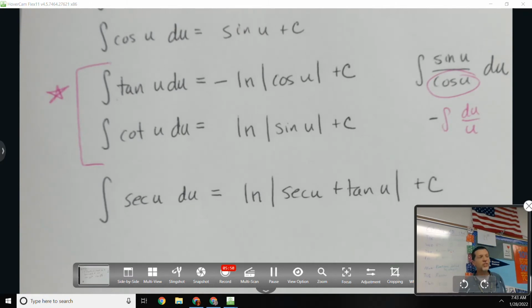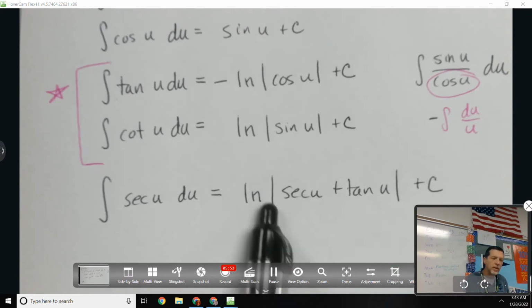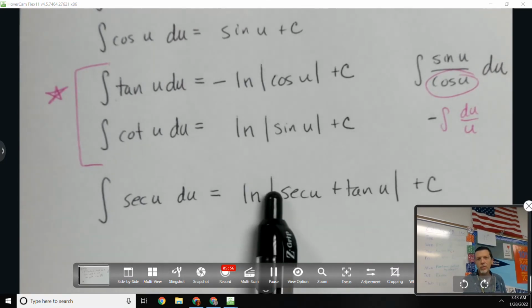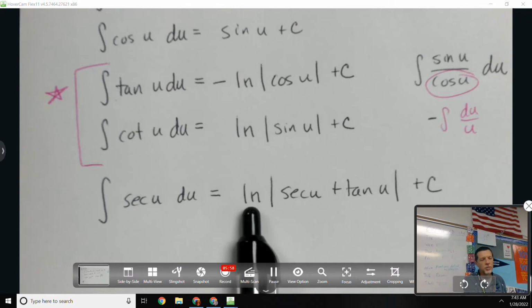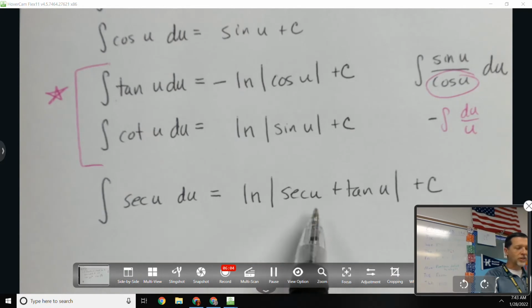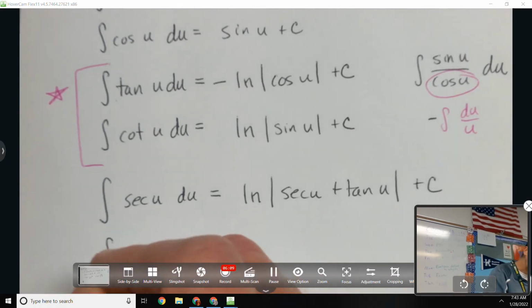It's real easy to show how it works. If you take the derivative of this, it eventually gets to secant, within 2 or 3 lines. But it's a little bit trickier to go backwards, so this is one of those. Go look up a YouTube video if you want to see how to derive that. Most of you, though, are just going to put it on a note card and memorize it.